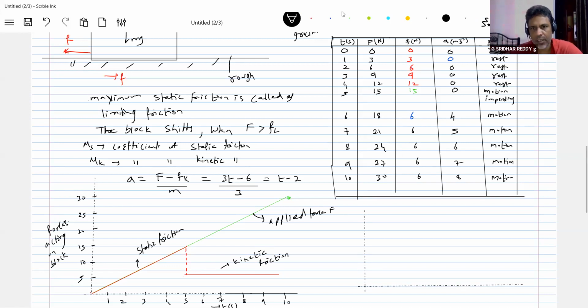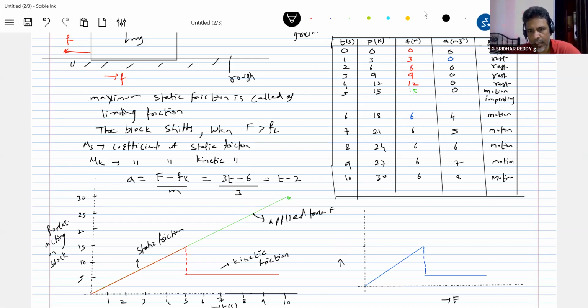This will be the friction, this will be the applied force. Anybody, how can I plot the graph between them? Because you look at the second and third column. So the corresponding graph will be this.